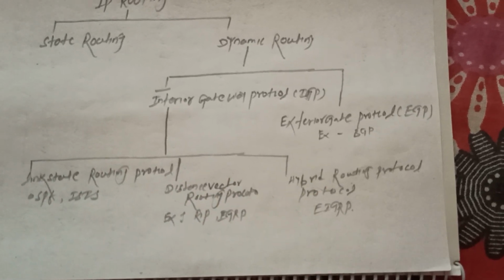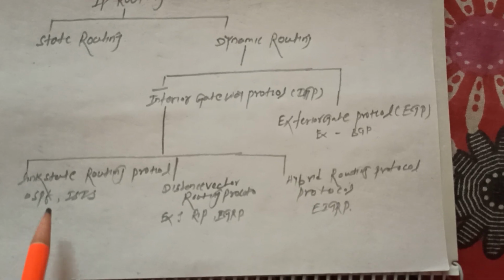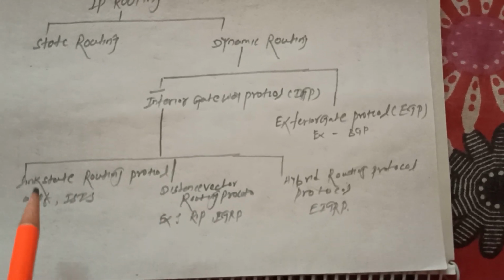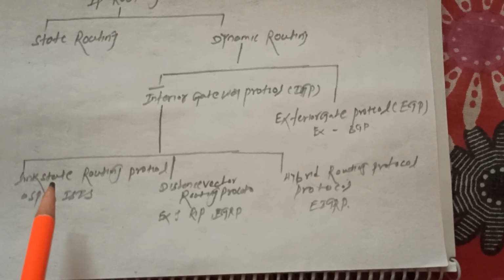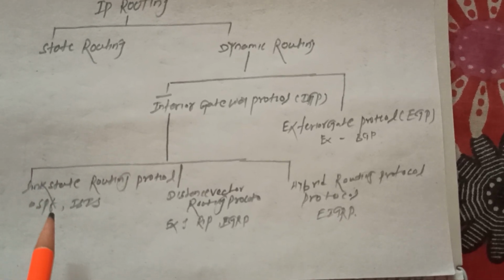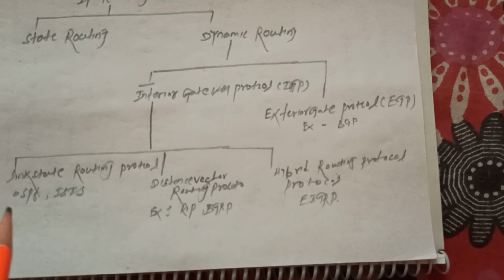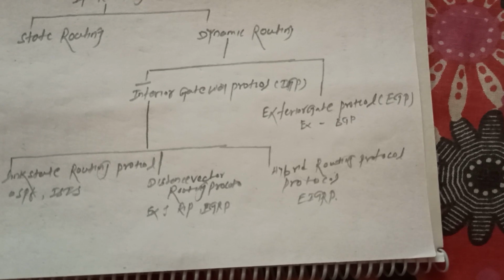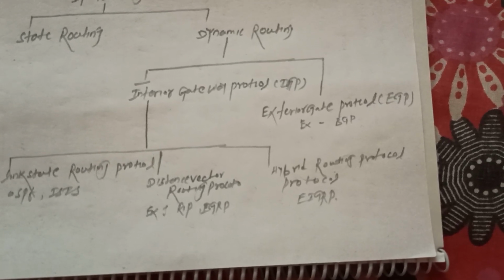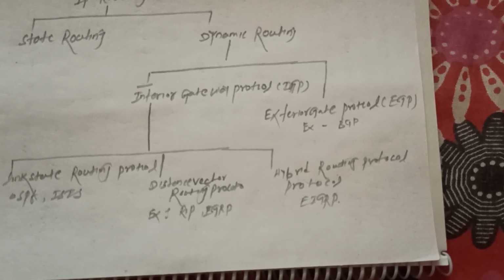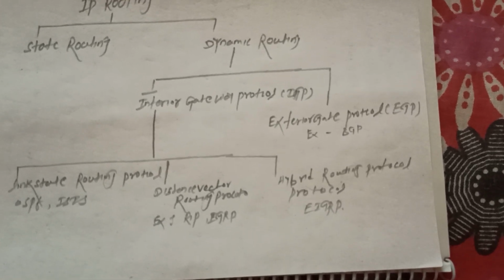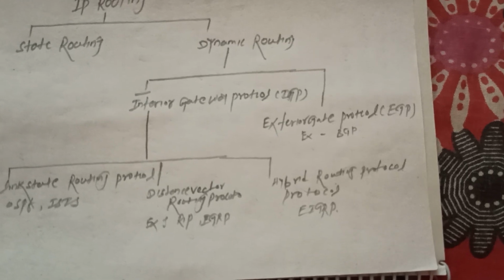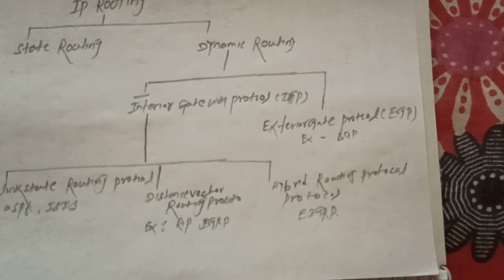Link state routing protocol is one of the IGP protocols, used for sharing routing information within the same autonomous system or organization. When routers use this type of protocol, the entire network topology will be known to all the routers.